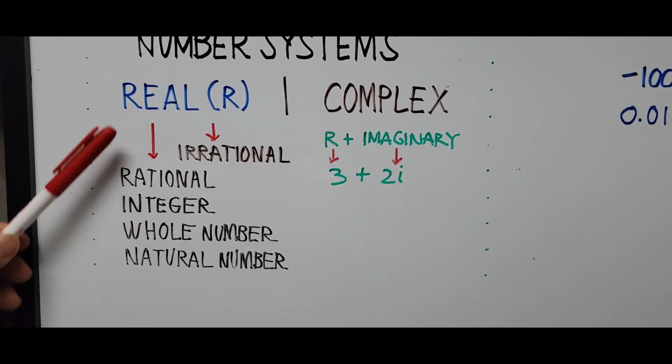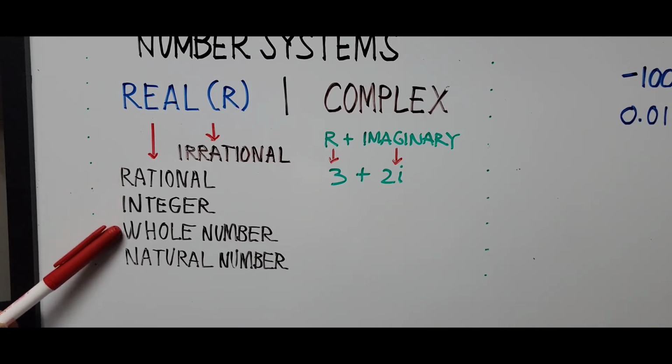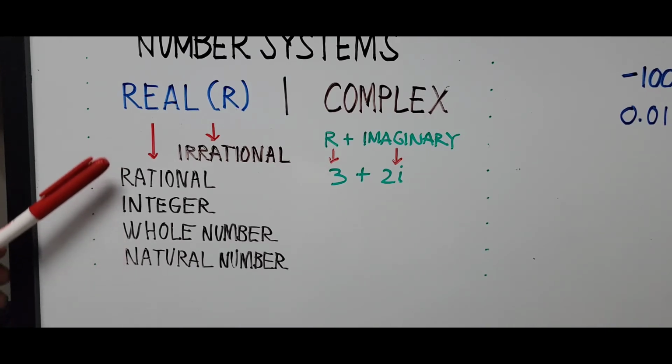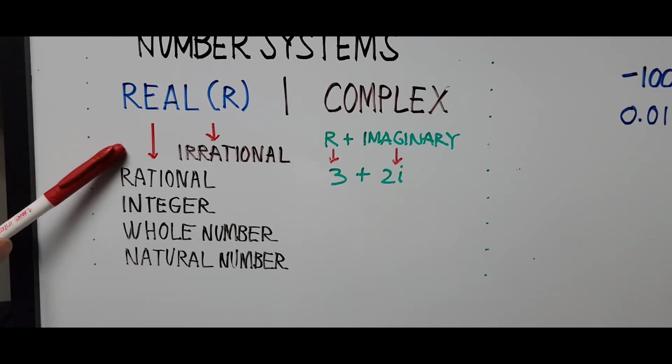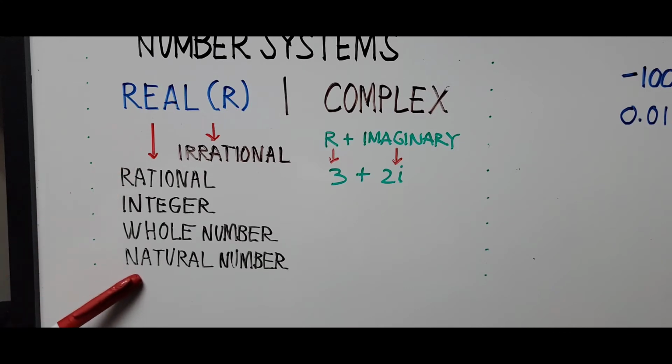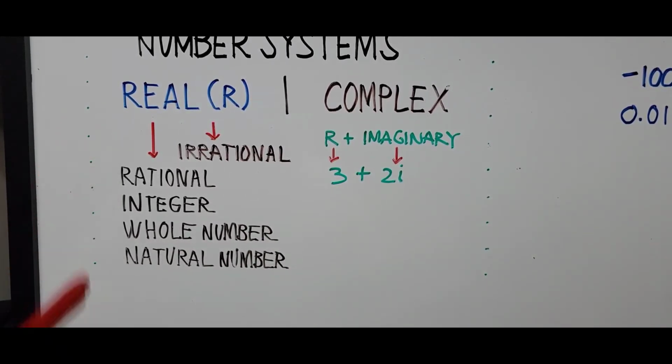And if you notice, under rational numbers, these are all these here: integers, whole numbers, natural numbers. So these fall on one side of real numbers. That means all of these categories of numbers are not irrational. If you notice, these are all arranged in a systematic way.